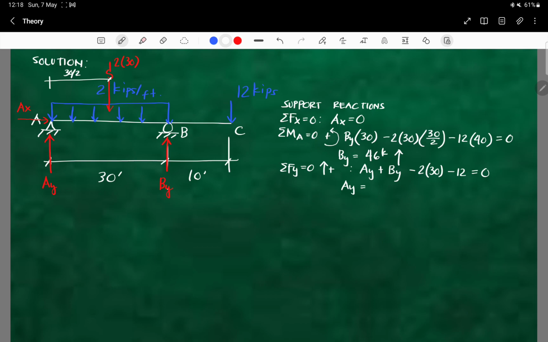Alpha x plus 46 minus 2 times 30 minus 12, alpha equal to 0. So we have 26 kips. The positive sign indicates that the assumed direction is correct. So the values are 26 kips for AY, and for BY we have 46 kips. So we are okay with the support reactions.